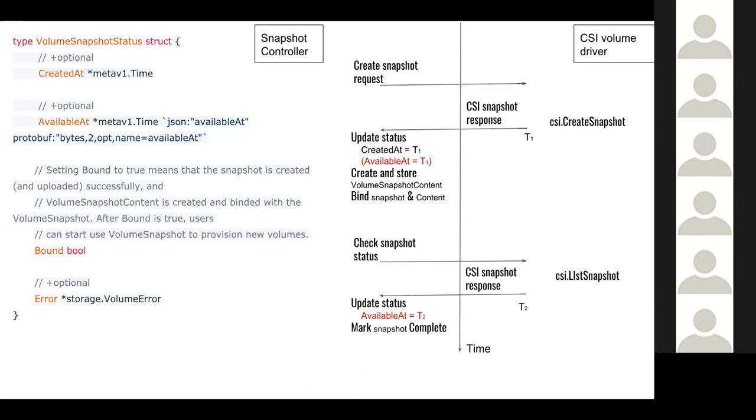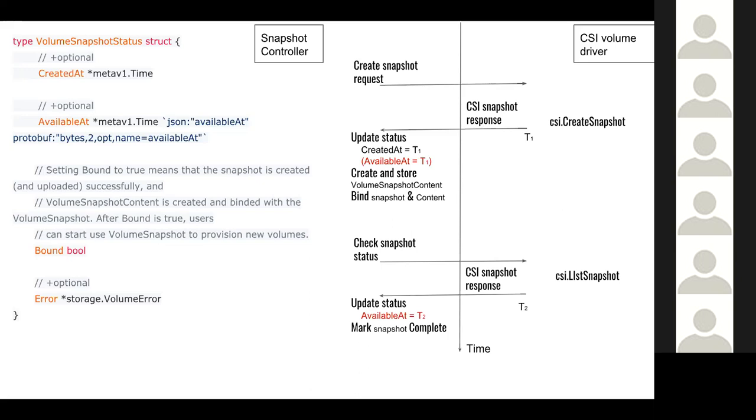Those are two timestamps basically telling you when the snapshot was created and when the snapshot finished uploading. And also the volume snapshot content object is already created, and those two objects are bound together. If any of those fail to be set, we cannot say the snapshot is complete.